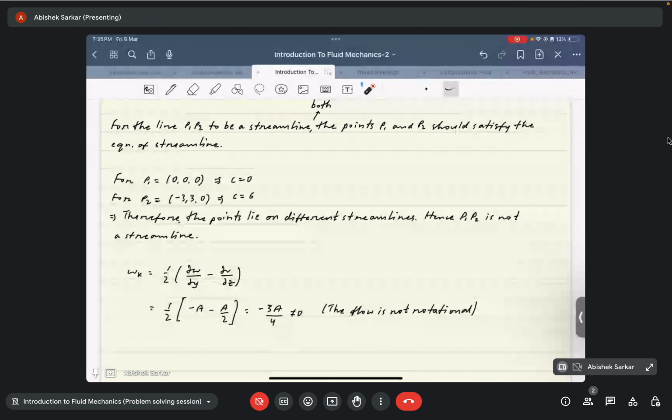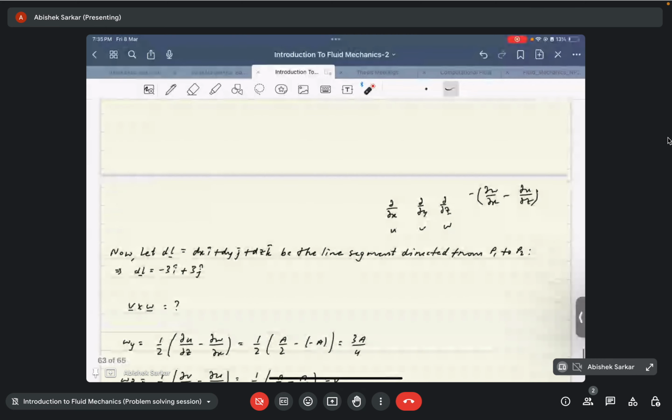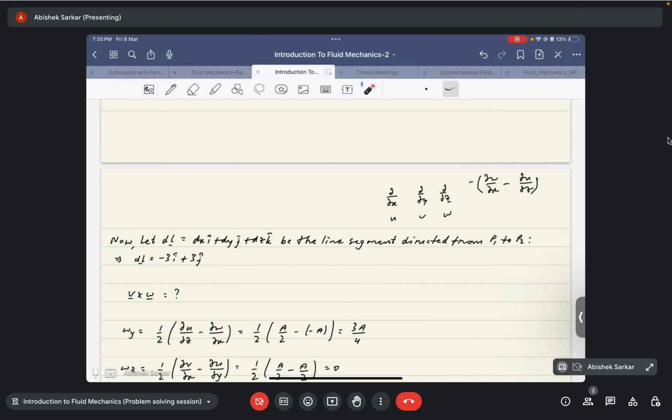And one of those assumptions was that if this product v cross omega dot dl, if this dot product is 0, then also Bernoulli's equation is valid between any 2 points in the flow field.